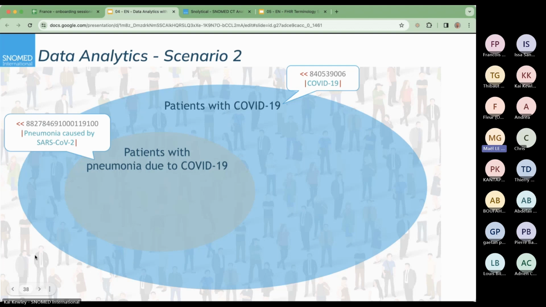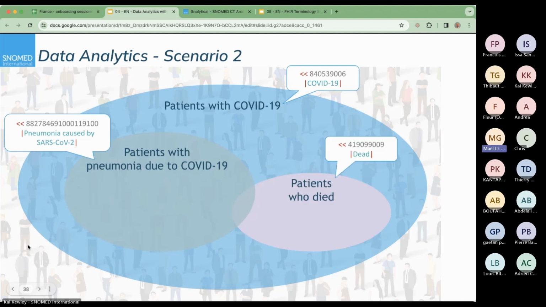We're sort of doing set theory here, aren't we? We're looking for patients who have got COVID pneumonia, and we probably want to define another group of patients who died. And then we want to do some more set theory to figure out which conditions are having a worse effect or worse outcomes.